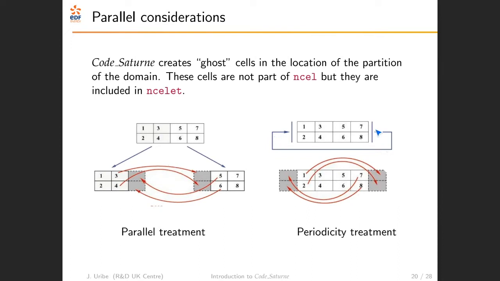When you do periodicity, it's very similar. You create these ghost cells here that will basically pass from one side to the other of the two periodic boundary conditions, ensuring that what goes out is what comes in. Okay? So that's the difference between n_cell, which in this case would be 4, and n_cell_with_ghosts, which would be 6.